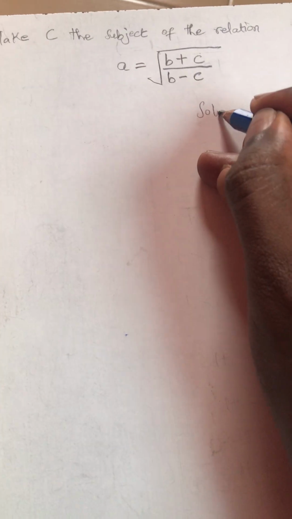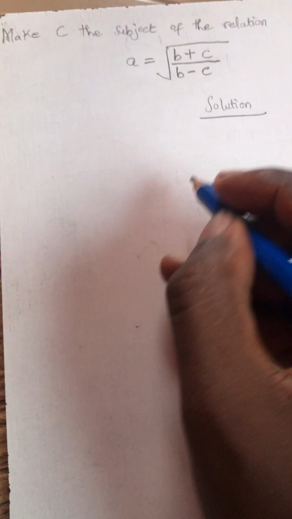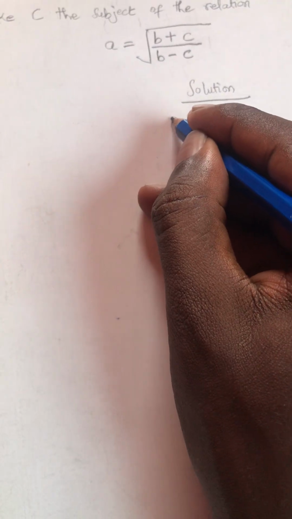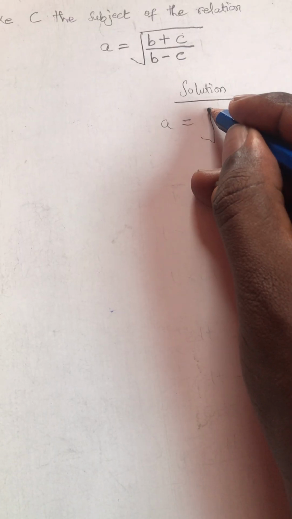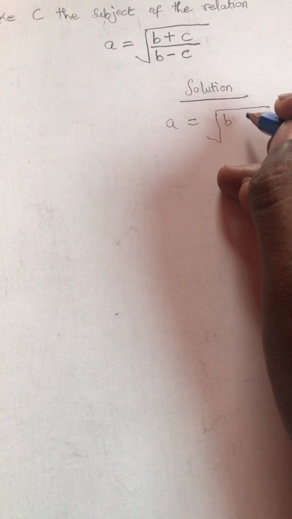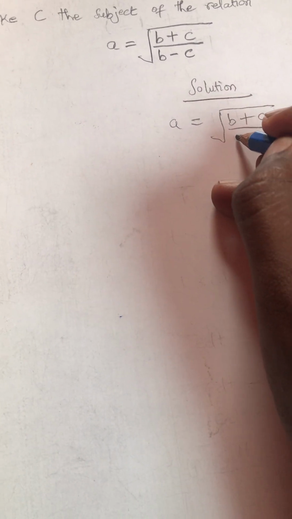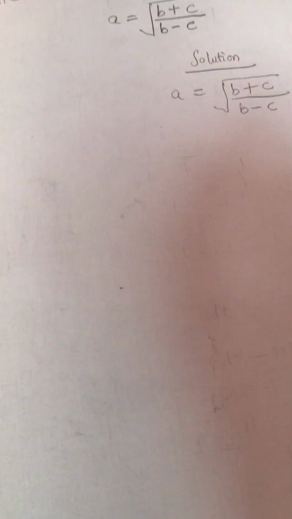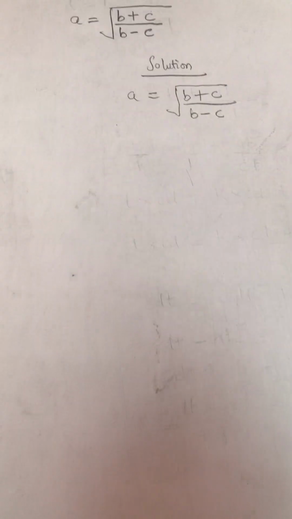So, solution. Our given equation is a equals the square root of b plus c over b minus c.